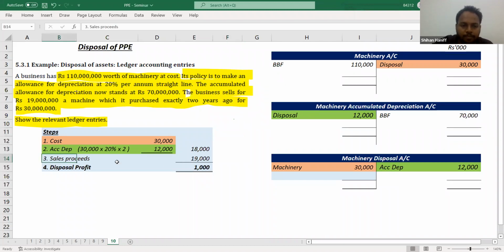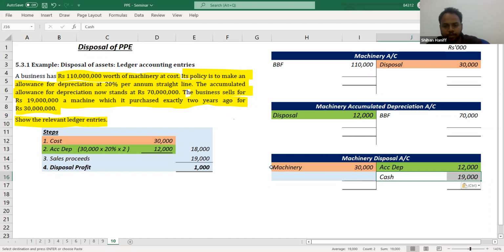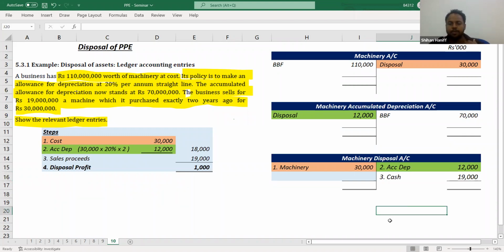Third step, sales proceeds. That will be debited to cash and credited to the disposal account. Give the numbers: this is number 1, this is number 2, this is number 3. Disposal account credit, cash account debit.